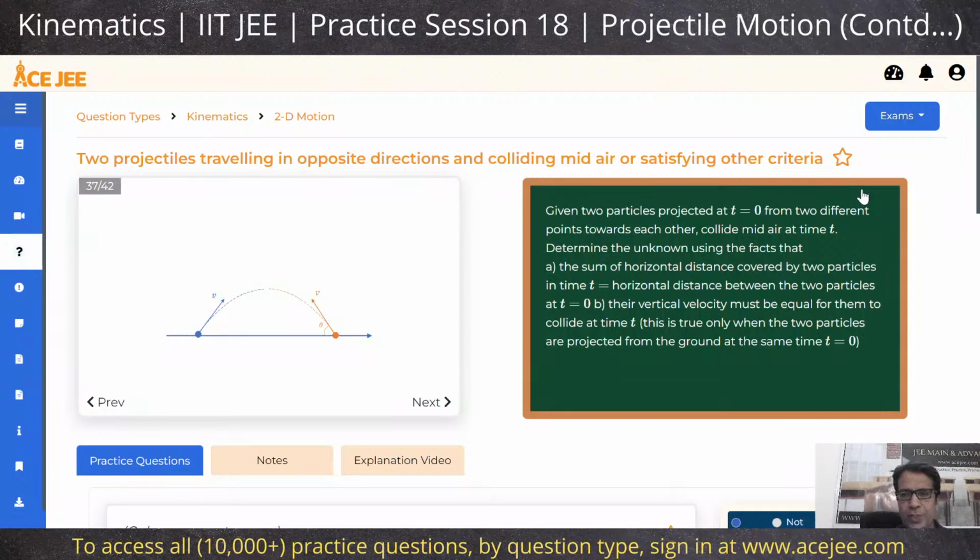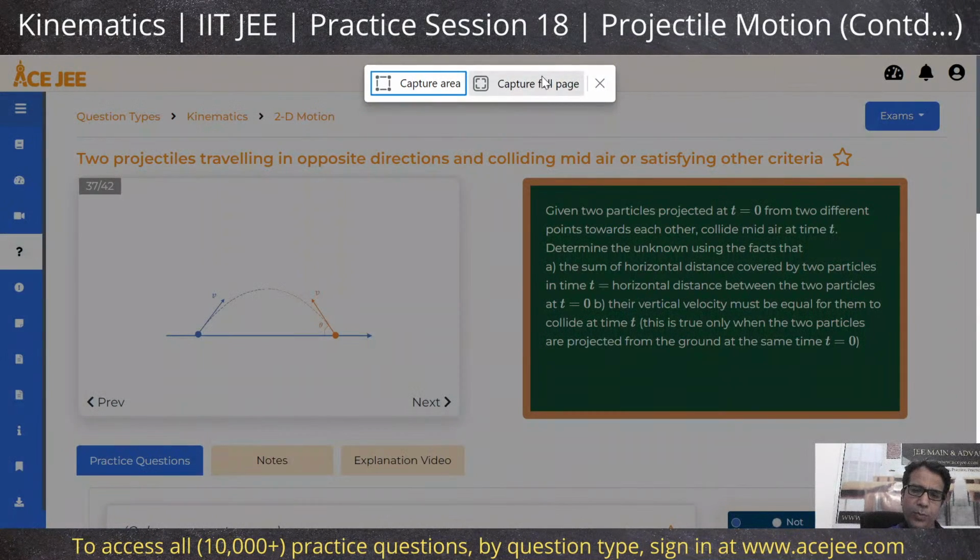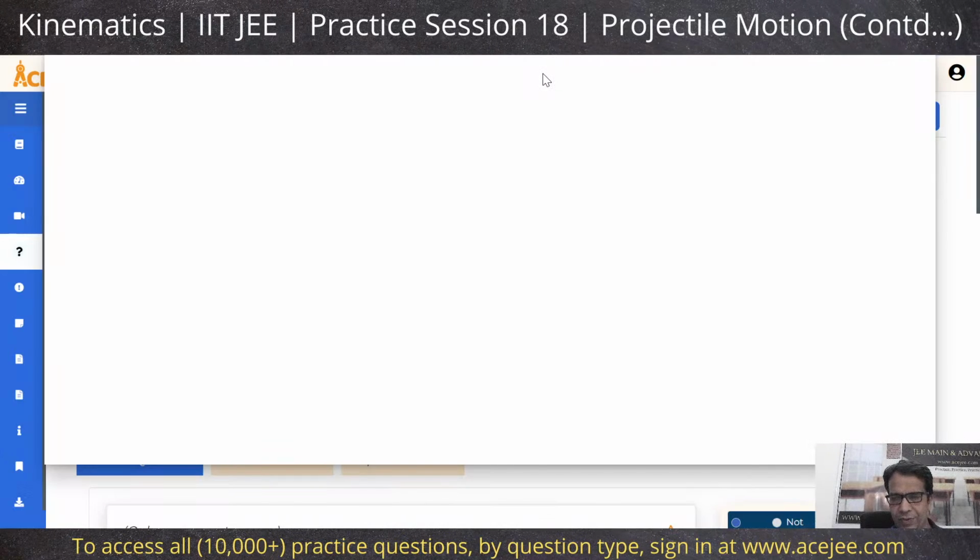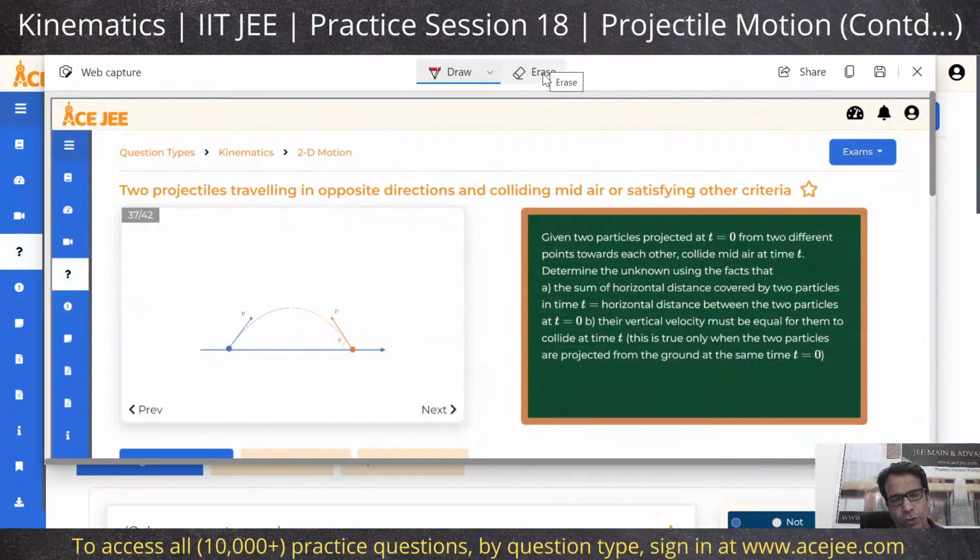So let's say the 2 projectiles are thrown up in the air from the ground level itself, both traveling in opposite directions. So assuming that both have been thrown at the same time, what does that mean for their vertical velocities? Well, we know since they are meeting together at some point, what does that mean?